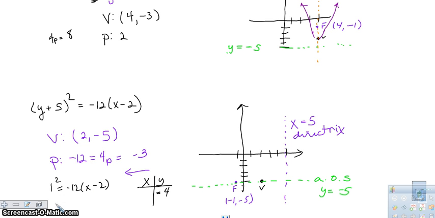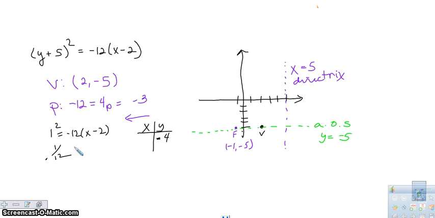So you get negative 1/12. Oops, I got to scroll up so you can see that. Negative 1/12 equals x minus 2. So x equals 2 plus negative 1/12, which is just 1 and 11/12 for x.